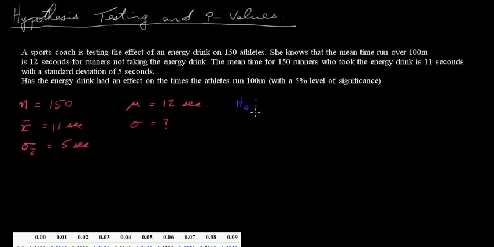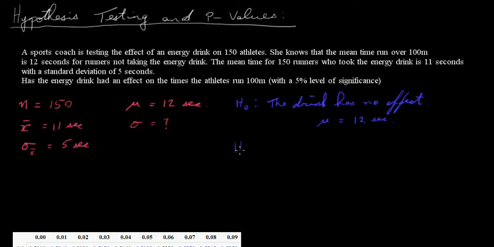What we normally think is correct here, and that is that the drink has no effect. So we're going to say the energy drink has no effect on the athletes. Okay, so in other words, the mean here will be 12 seconds.